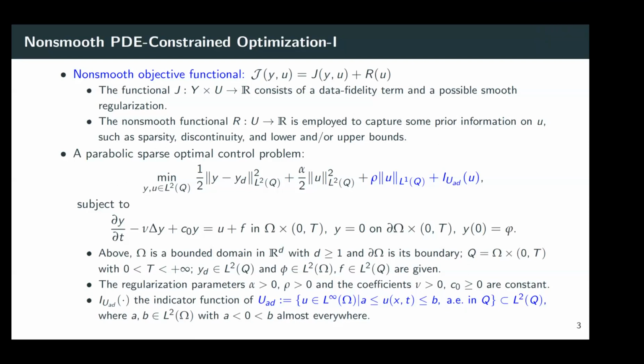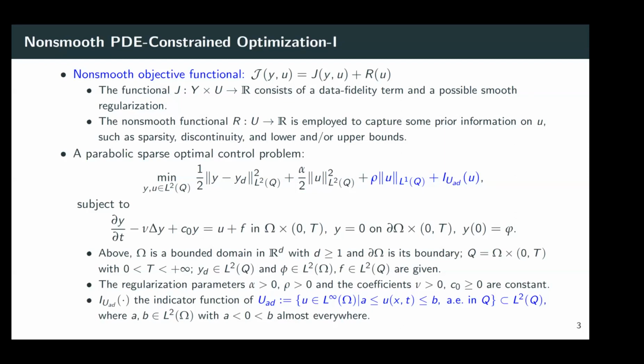Can I ask something? So the non-smoothness comes only from the L1 term. Yes, of course. J at the top is smooth. J of y, u, for example, that part is smooth. The first term on the right-hand side is the tracking term, and then R of u, the term that has the L1, is a regularization.